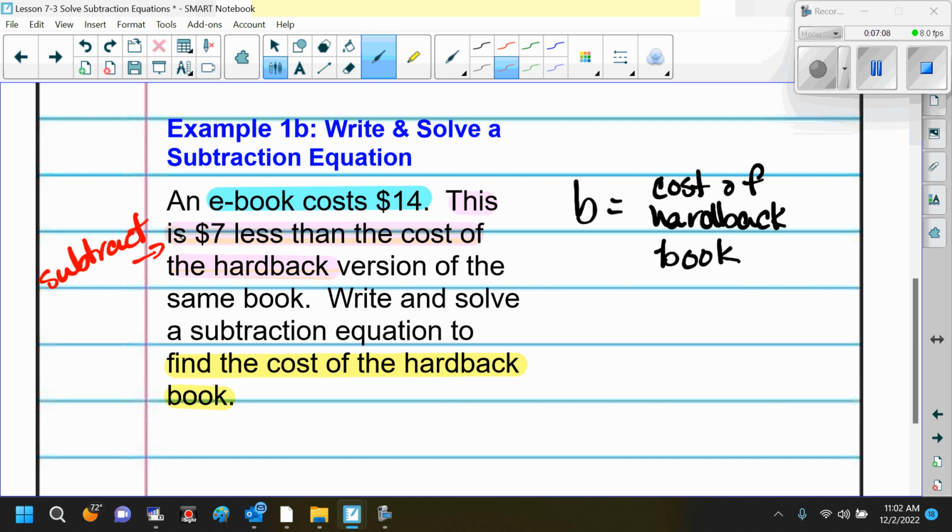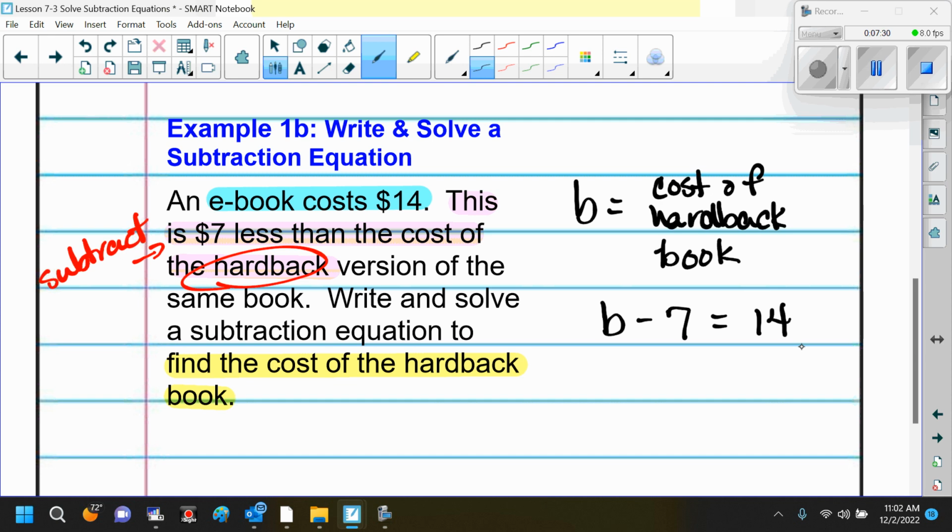And what are we subtracting from? The hardback version, which is B. Is everybody clear? All right. So that's going to be B minus 7, and that's going to be equal to the 14, which is the cost of the ebook. Is everybody clear?